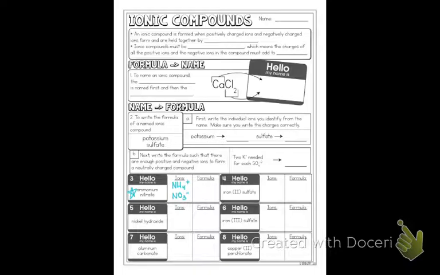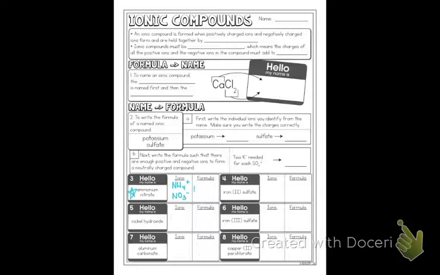Both of those charges and formulas I got from that paper we just finished filling out. Now you'll notice that I have a +1 charge for the ammonium and a -1 charge for the nitrate. +1 minus 1 equals 0, so I don't need any subscripts here. I just need to write the formula based on the polyatomic ions that are given.